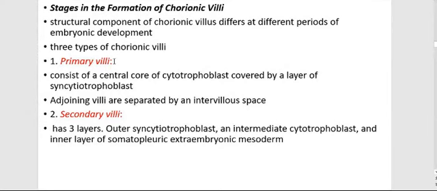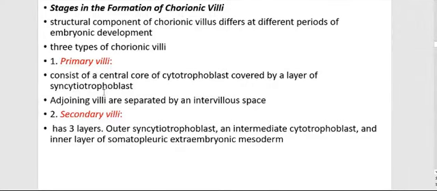The cytotrophoblastic cells proliferated and projected, forming finger-like extensions into the syncytial trophoblast, more or less like a pyramid extending from the cytotrophoblast into the syncytial trophoblast.